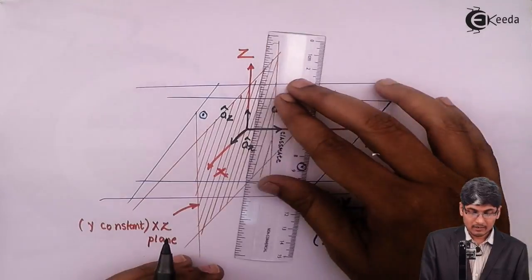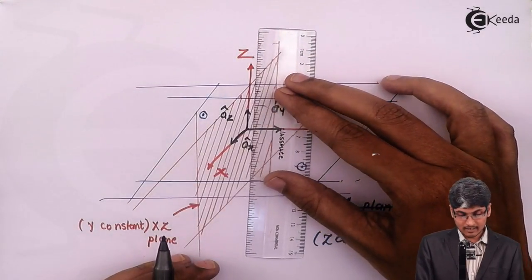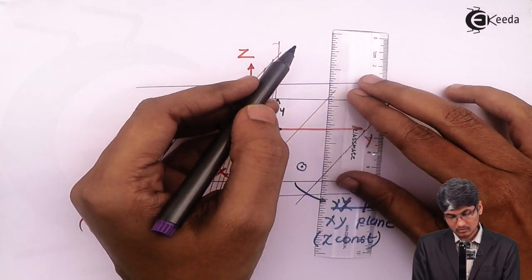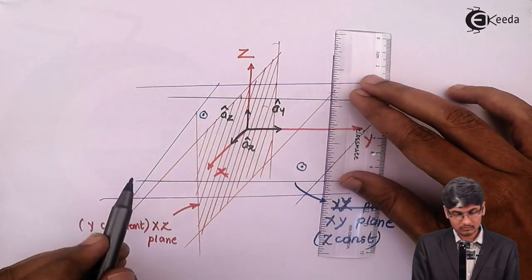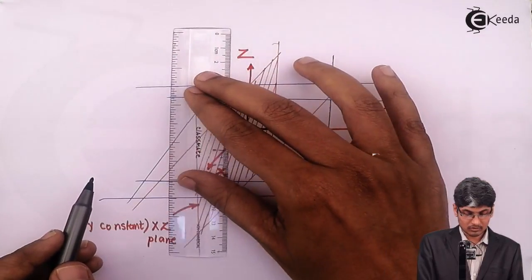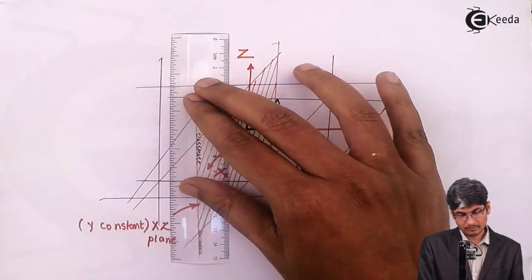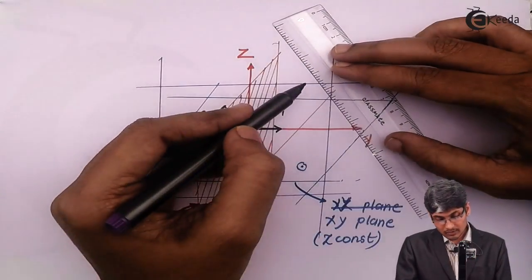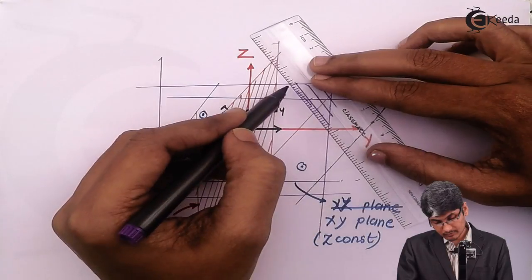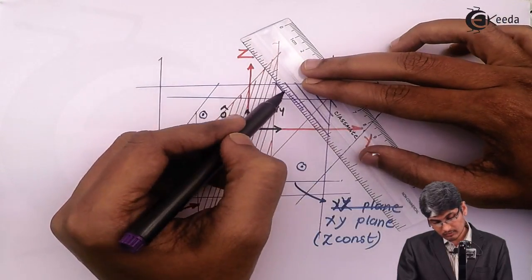Then I will take the reference of the x-axis and draw it over here, and the z-axis over here also. The plane with the magenta lines is actually the YZ plane.